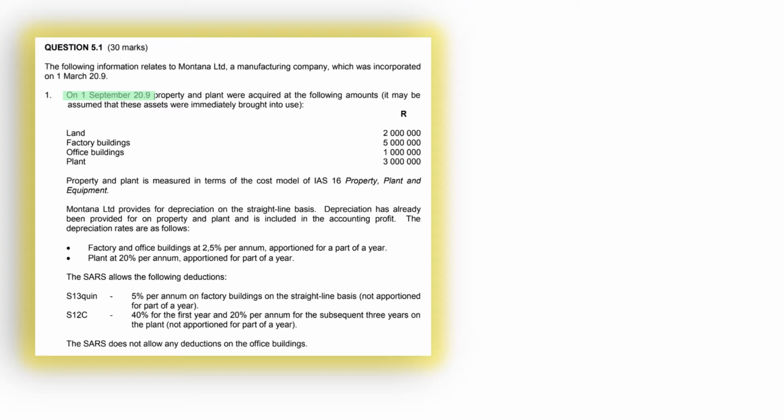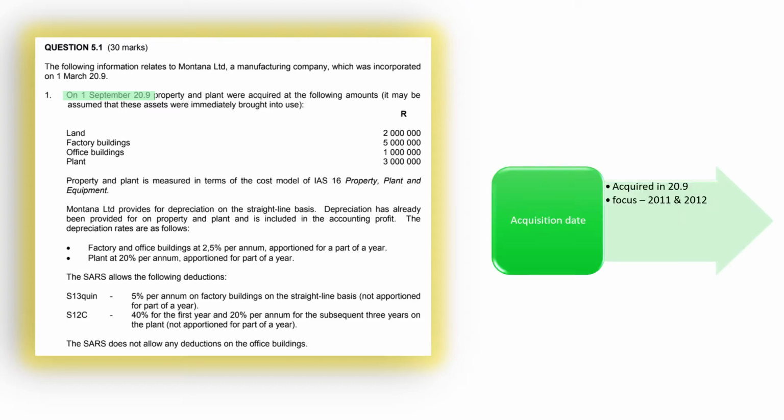So bear in mind the acquisition date that you see, and as a result, this point talks to what I mentioned when we were discussing the requirement, where I mentioned that even though a comparative year is not required to be disclosed, you will still need to calculate what the carrying amounts are in 2011 and 2012.